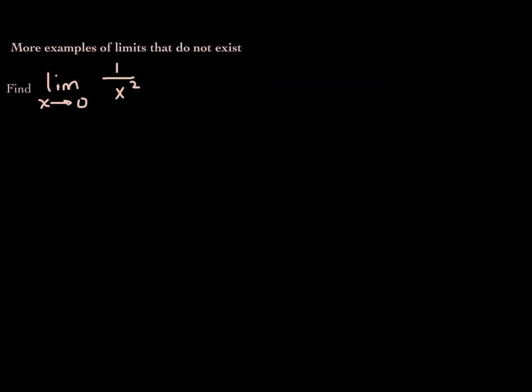I want to show you a couple more examples where the limit does not exist. Okay, we have the limit as x approaches 0 of this rational function 1 over x squared. Let's go ahead and get the graph of this function, and then we can determine the limit if it exists.